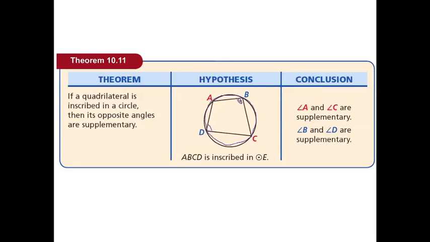No. These are two different angles, but they are inscribing together the entire circle. And the entire circle is 360, and inscribed angles are half of that. So together, they should be half of 360, or 180 degrees. So they're supplementary to each other. So for D and B, they're going to add up to 180, and for A and C, same concept, they're going to add up to 180.